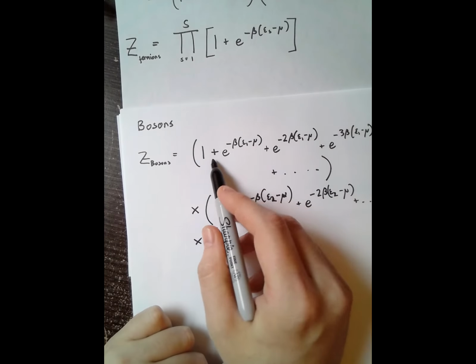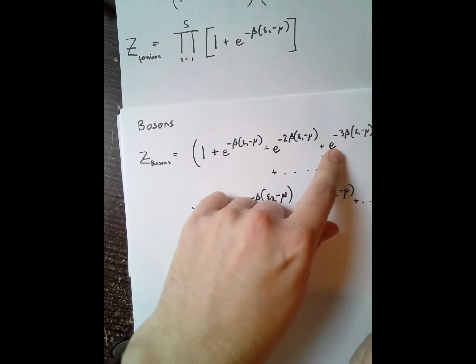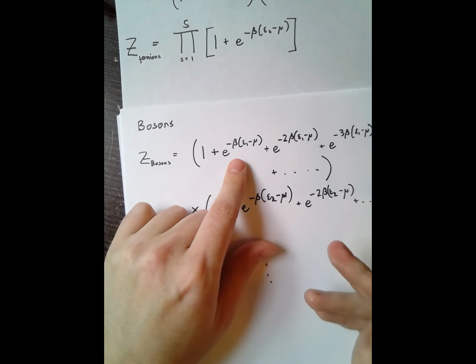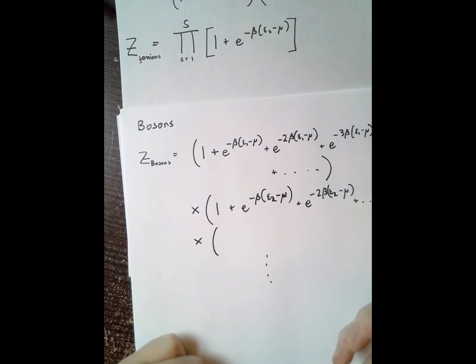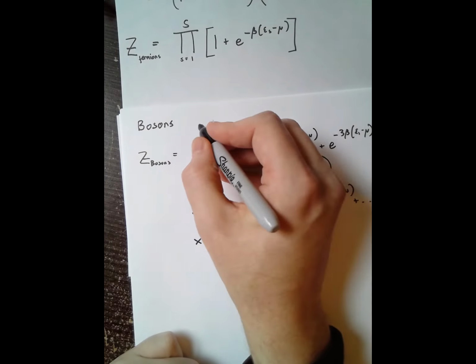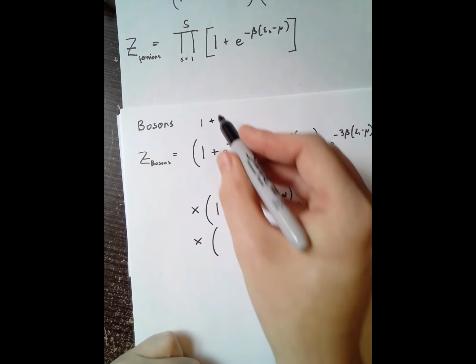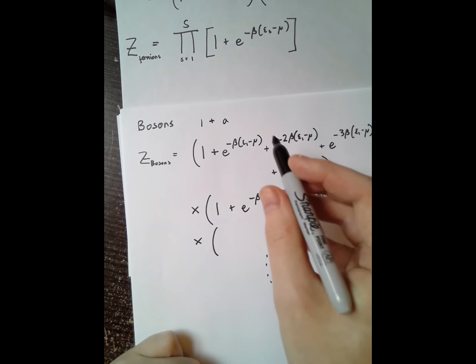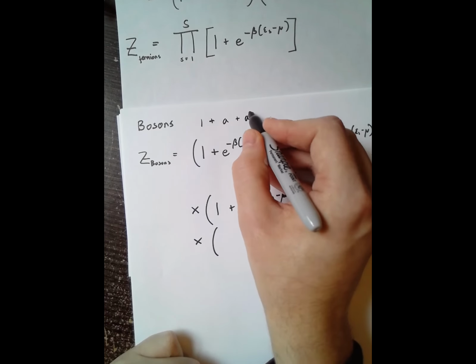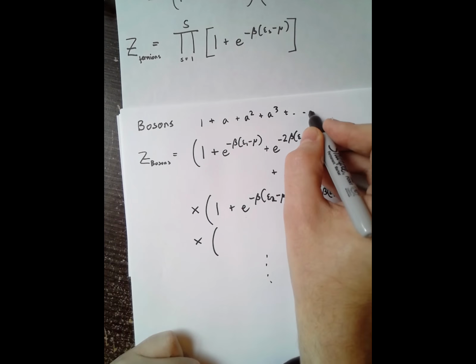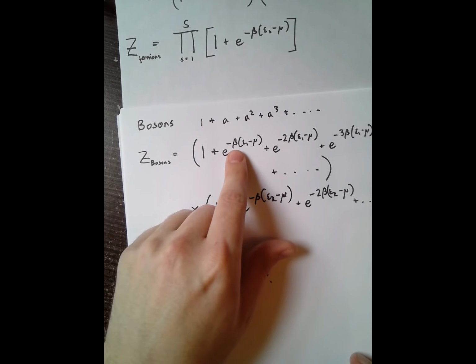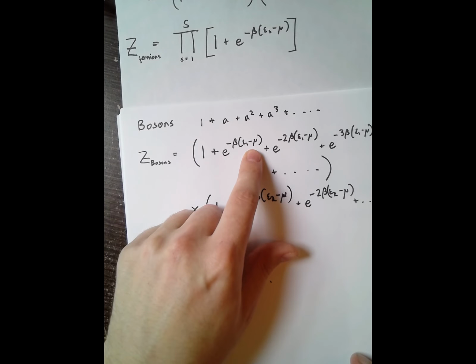Each successive term is just the previous one multiplied by e to the minus beta epsilon 1 minus mu. So this is 1 plus A plus A squared plus A cubed, and so on, where A is e to the minus beta epsilon 1 minus mu.